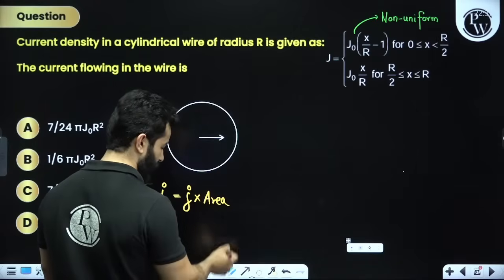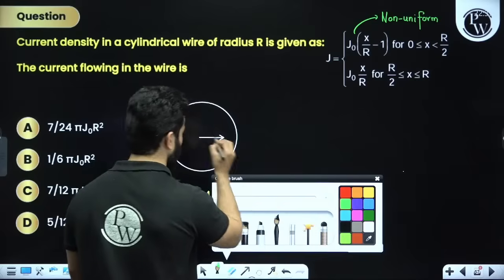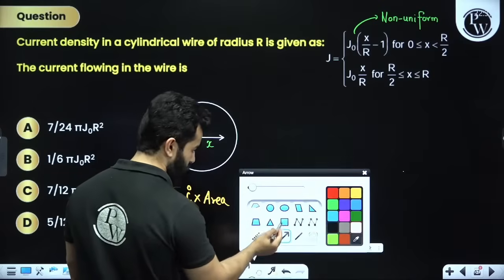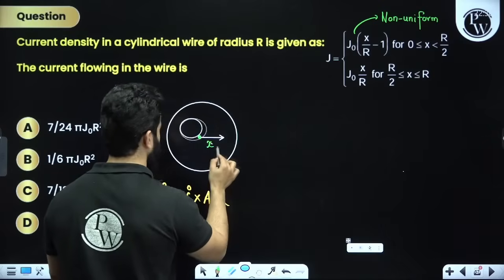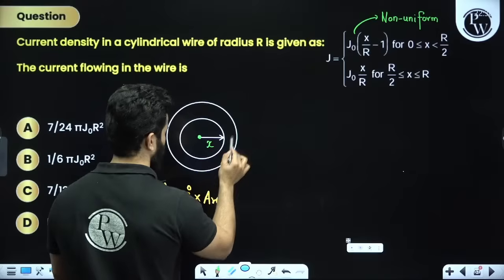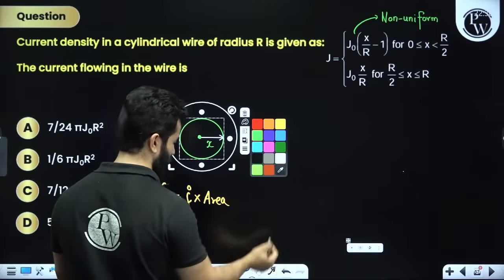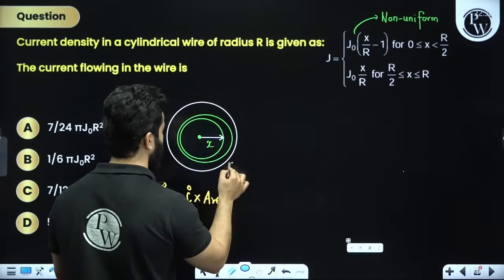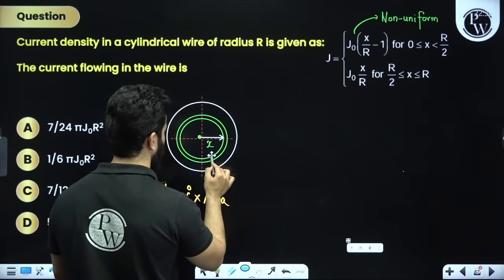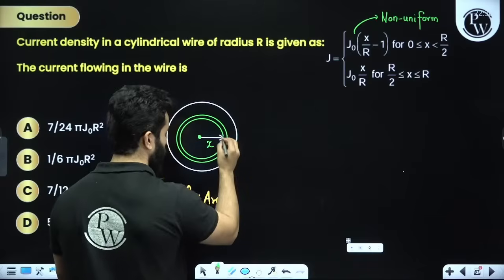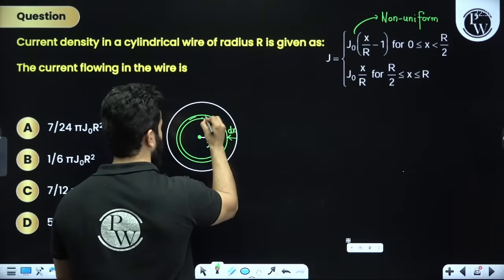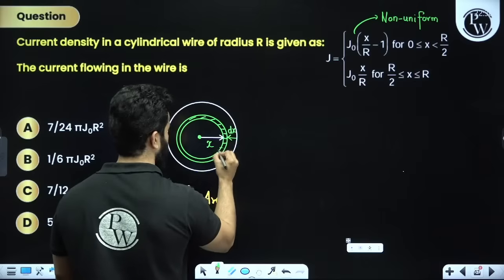From the center, my dear friends, pay attention and try to solve it. From the center you are going at a distance of x and you are making a ring of infinitely small width dx. So this is dx.